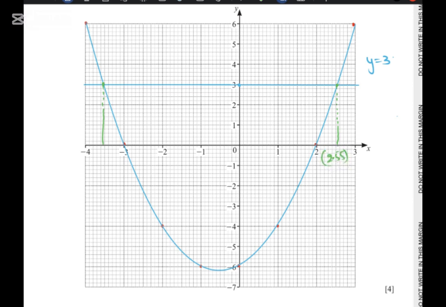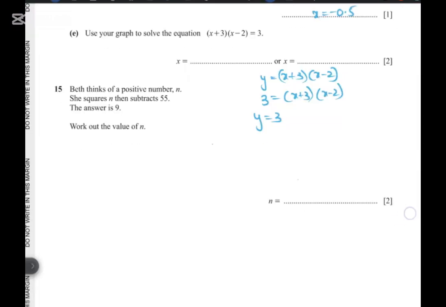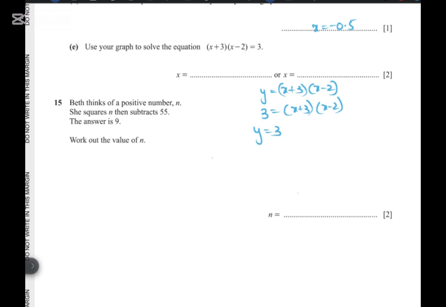This is the x coordinate on the positive side, and on our negative side it is minus 3.55. Write the answer: minus 3.55 and 2.55.